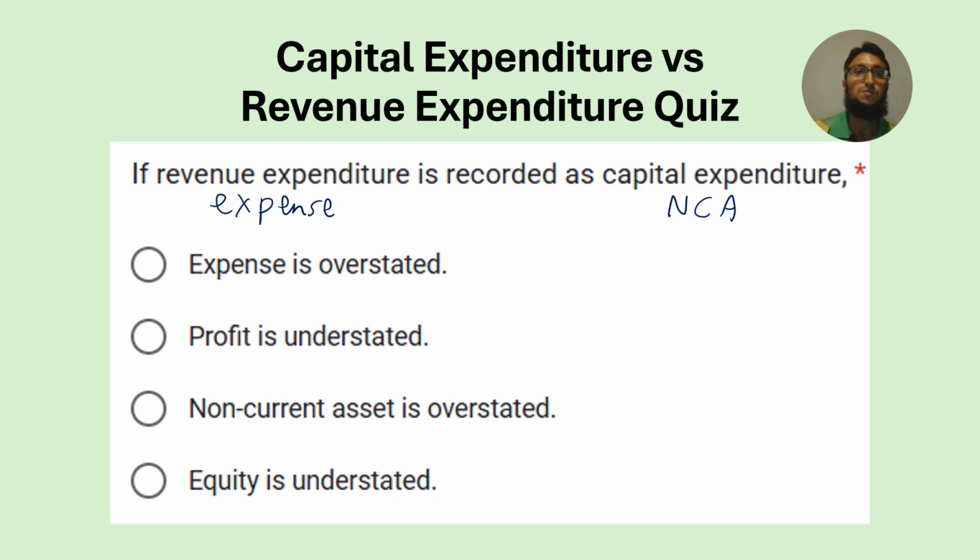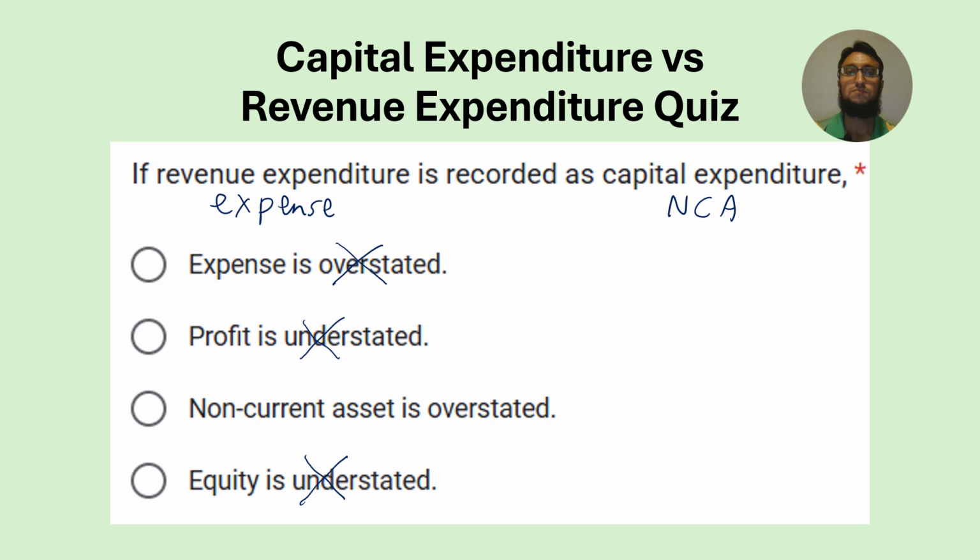Instead, the expense would be understated or too low. And if the expense is understated, profit would be overstated. And if profit is overstated, the consequent effect will be equity will also be overstated. So these three items are linked together.